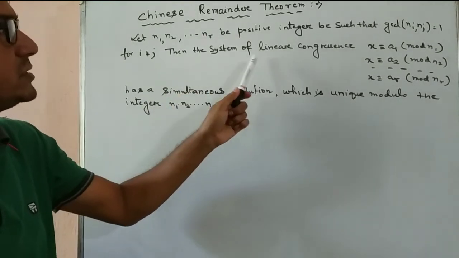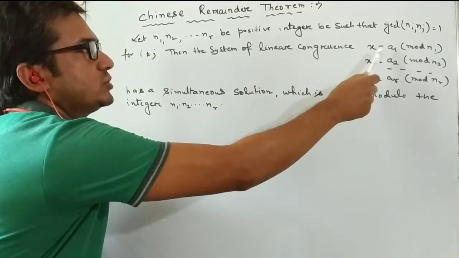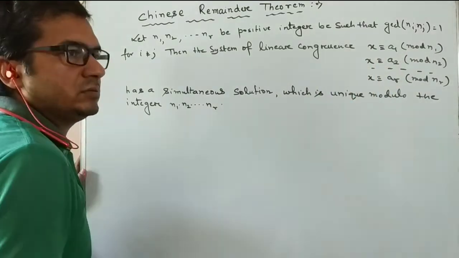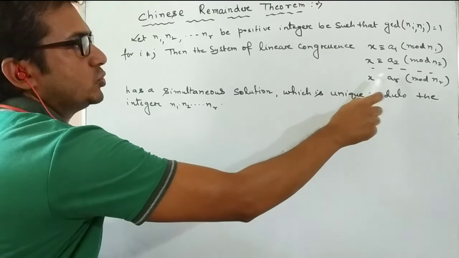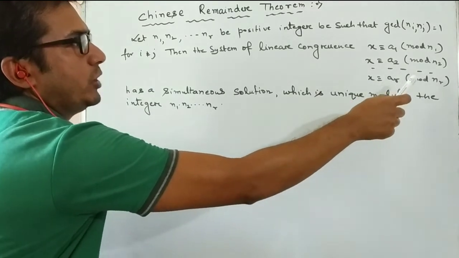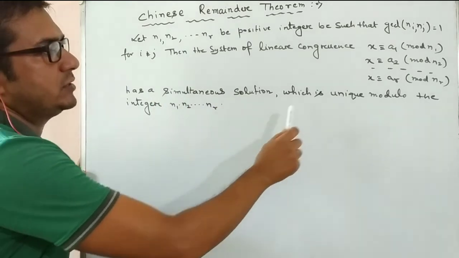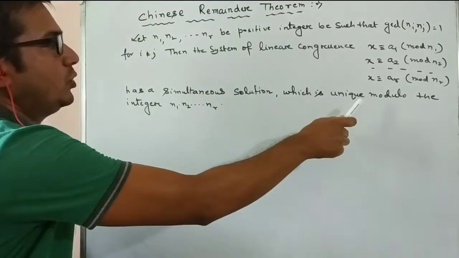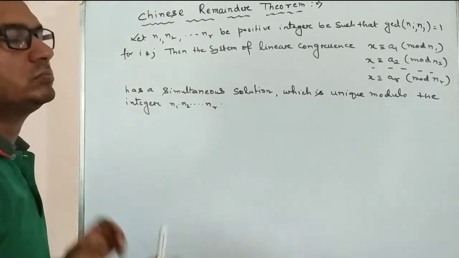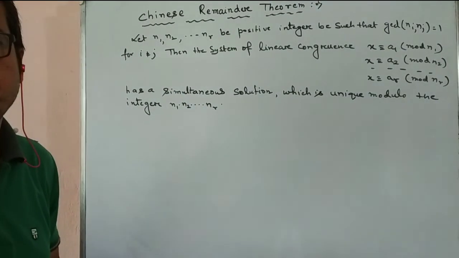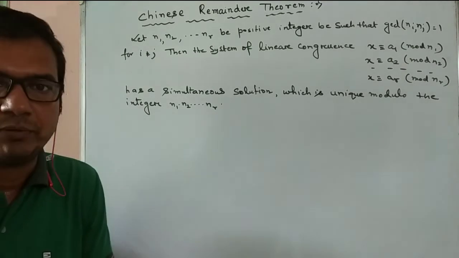Then the system of linear congruences x congruent to a1 mod n1, x congruent to a2 mod n2, to x congruent to ar mod nr has a simultaneous solution which is unique modulo the integer n1 into n2 to nr. This is the famous Chinese remainder theorem.